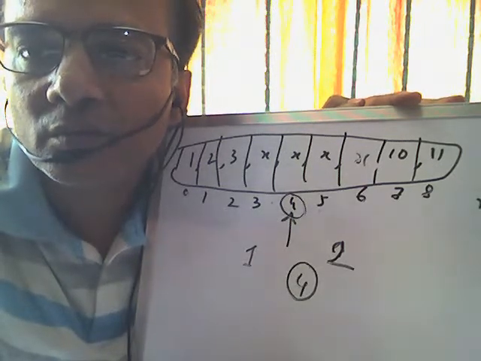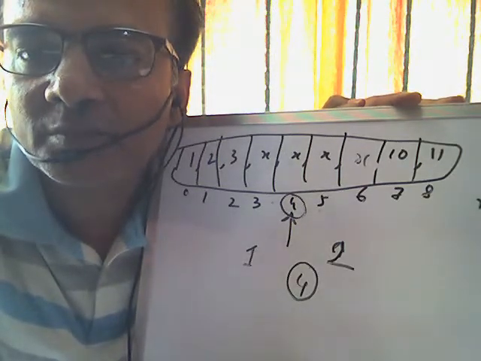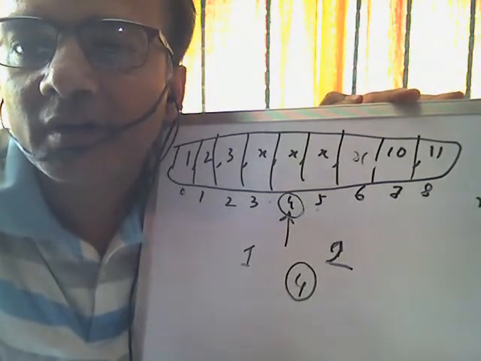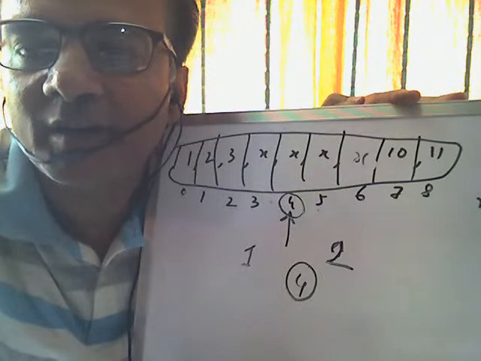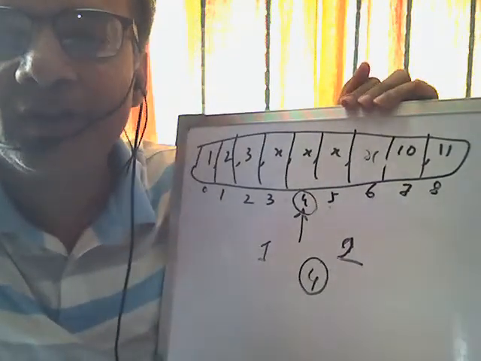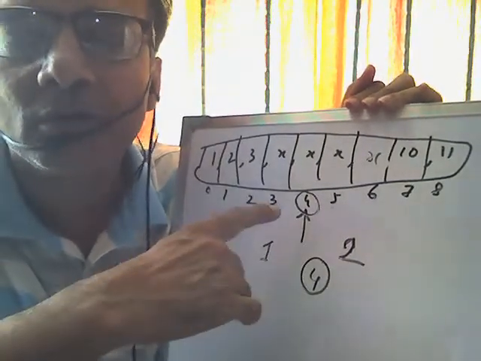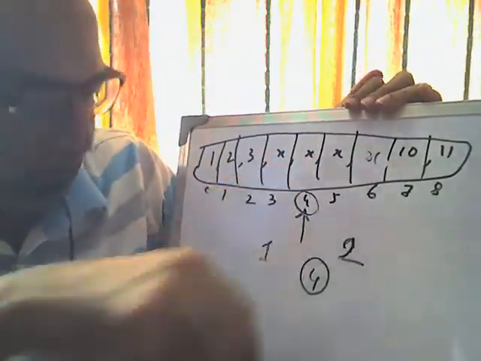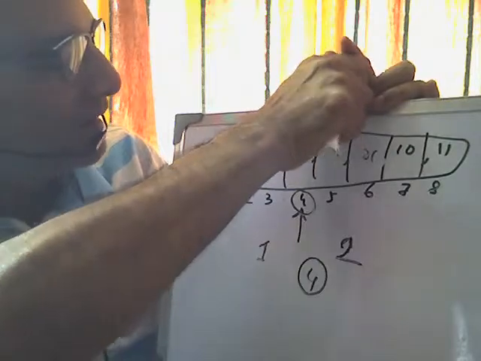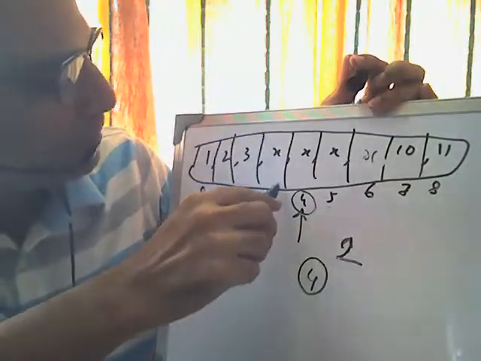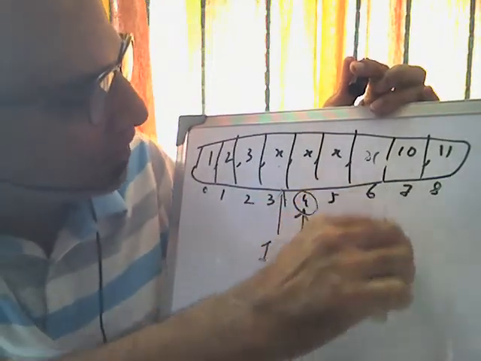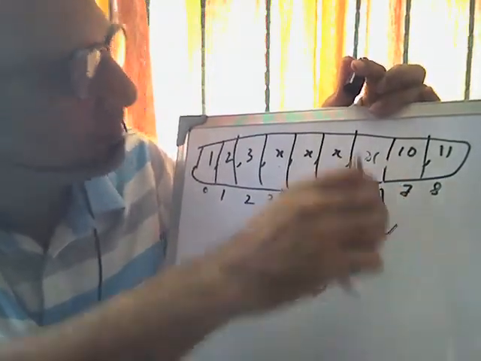Sir, can you please explain the second problem? Okay, that is the second problem of the assignment. It has already been solved in your lecture. You see this, and how do you solve this? In the second problem, you have to find out the first occurrence of x, and you have to find out the last occurrence of x.